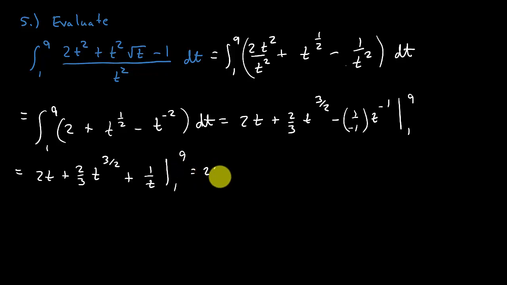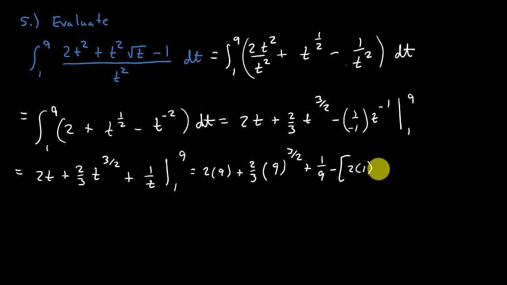So this is going to be 2 times 9 plus 2/3 times 9 to the 3/2 plus 1 over 9, minus, and then I have 2 times 1 plus 2/3 times 1 to the 3/2 plus 1 over 1.